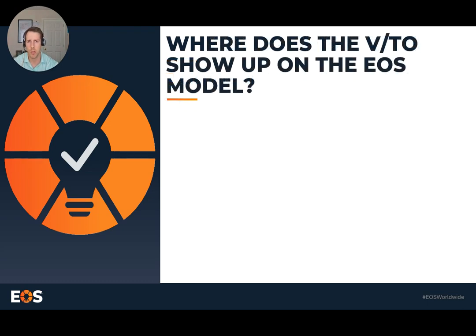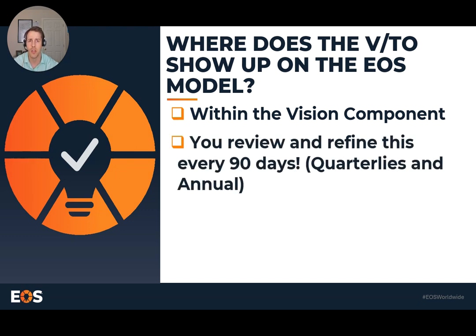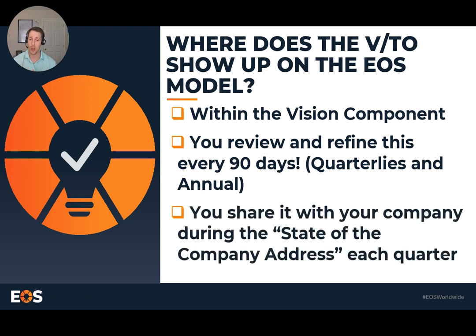Now, I did want to explain where this fits within the EOS model. And so there's a vision component. It's the first key component that is part of the EOS model. And within the vision component, there's a tool and a discipline called the 8 questions, and that's really what the VTO is, 8 questions. And the key here is every 90 days, you want to stand up in front of your company. The visionary should be doing this and giving a state of the company address.